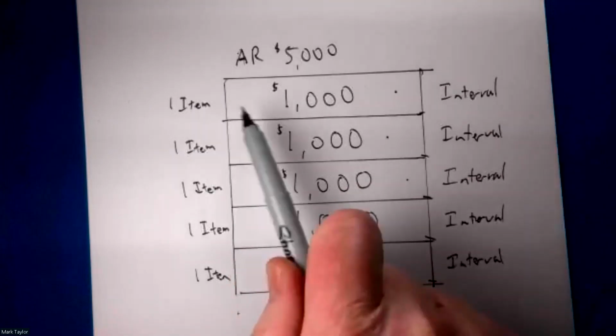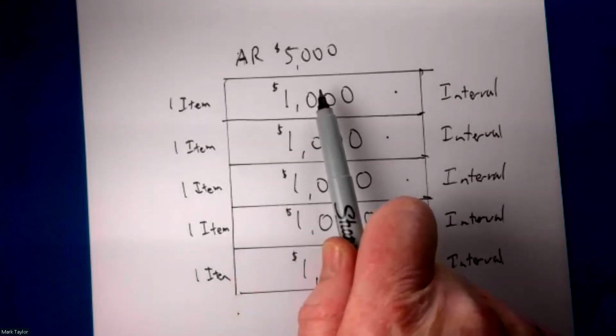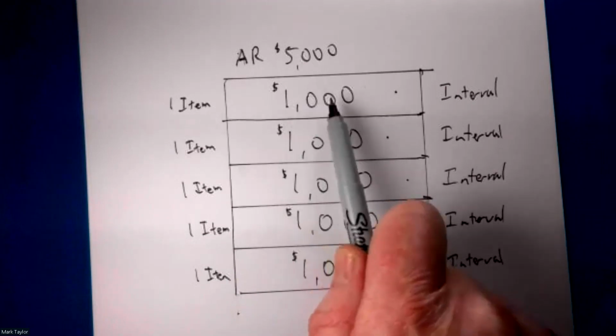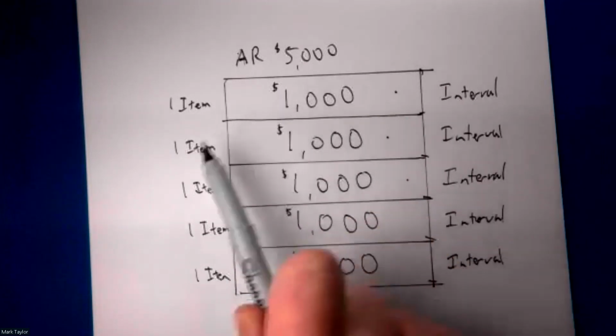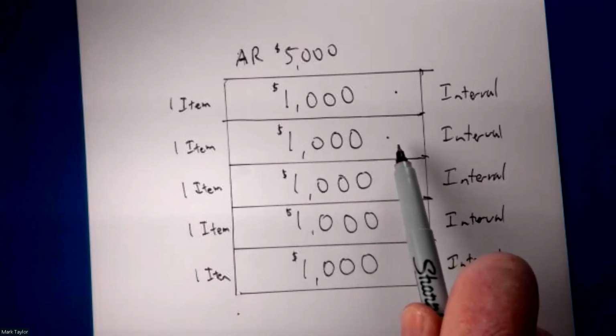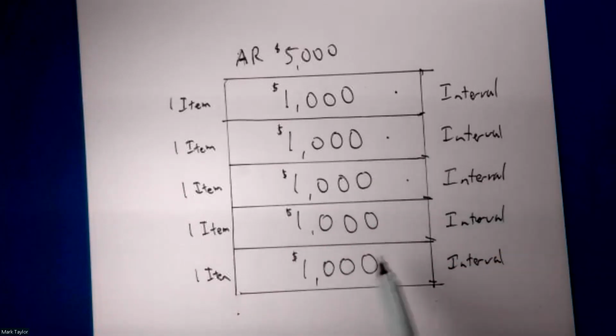And we're going to pick one item from that and assume that it represents the entire sample of 1,000 in this interval. Pick another item and have it represent that entire 1,000 in the interval. So we're going to keep doing that for all 5 of these. Okay. Let's go back to the problem.